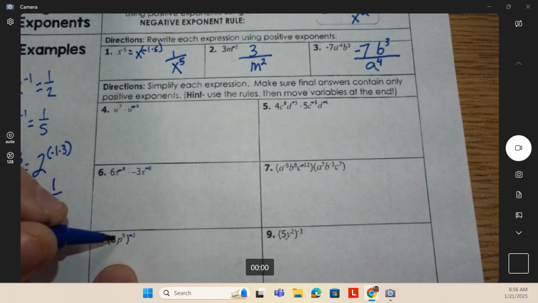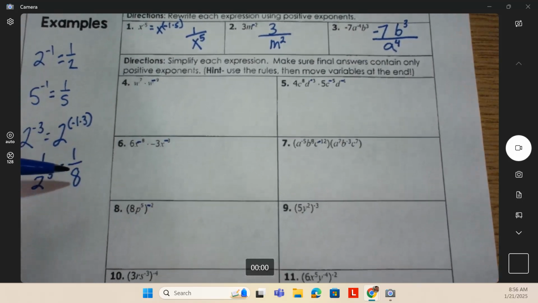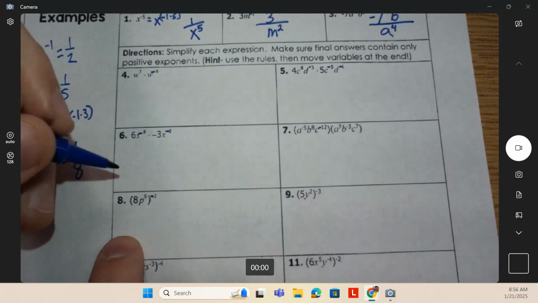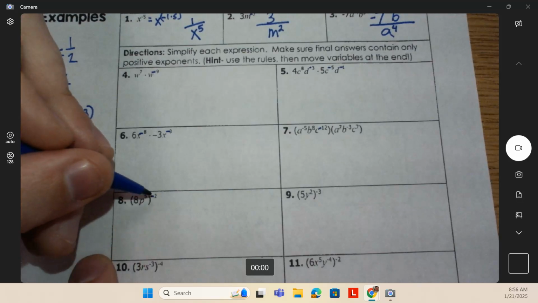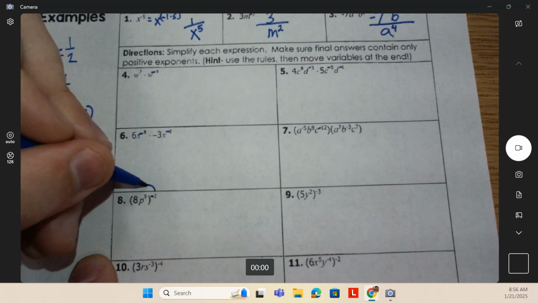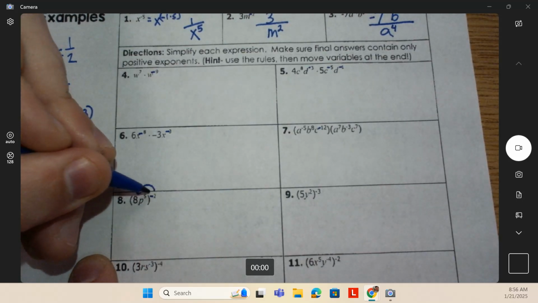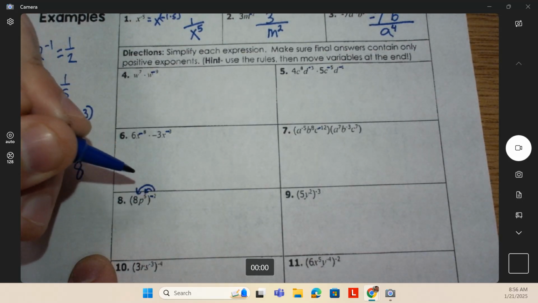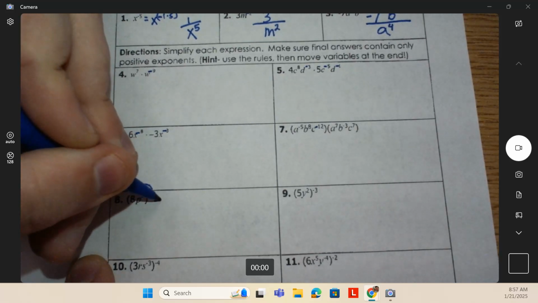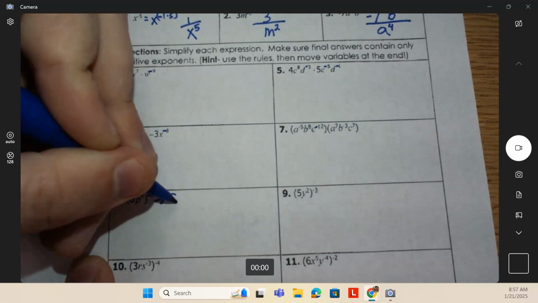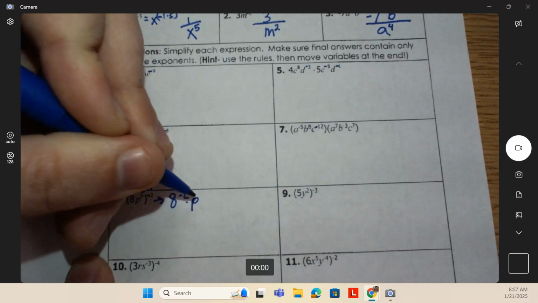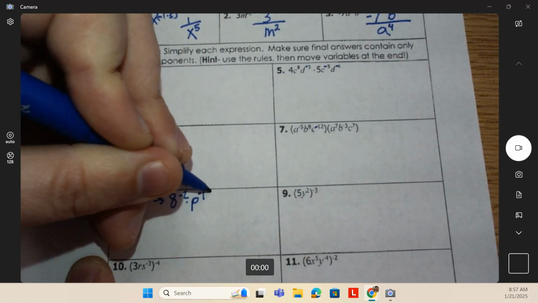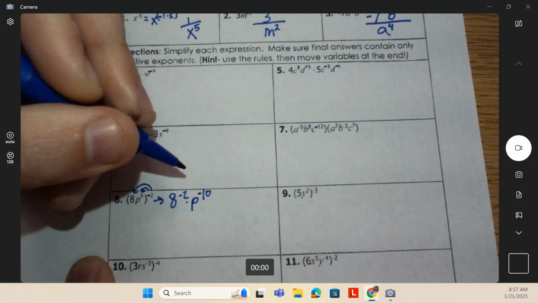We have 8p to the fifth, all to the negative second power. You can think about this in one of two ways. Either distributing first, so saying I'm going to do 8 to the negative second and p to the fifth to the negative second, to get 8 to the negative 2 times p to the negative 10th, because we multiply those exponents.